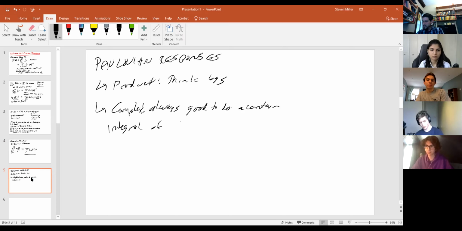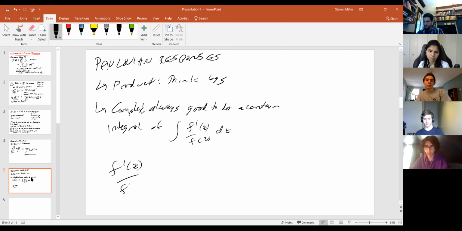So we will see that if you do a contour integral of f prime over f, this has a lot of information that you can use to deduce things about the object. Now, what is f prime of z over f of z? It turns out that's just the logarithmic derivative. So it's the derivative of the log of f of z. So the logarithms come into play.